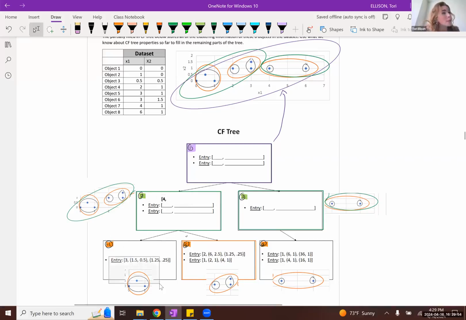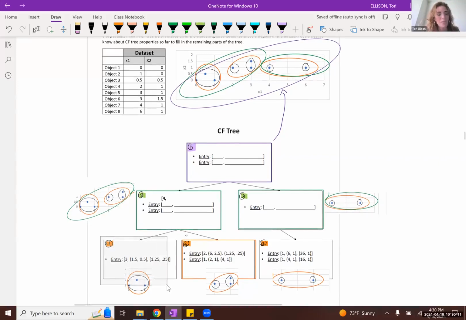Because there's only 1 subcluster, or 1 CF entry, in this leaf node, we would simply rewrite this single CF entry here, since the cluster of all of these subclusters is just that cluster itself. So we would simply rewrite that observation's CF entry: 1.5, 0.5, 1.25, 1.25.